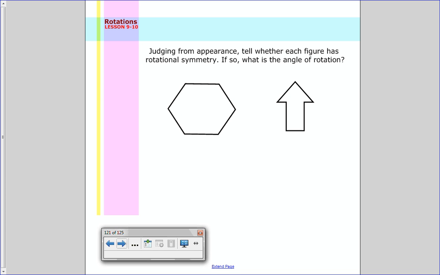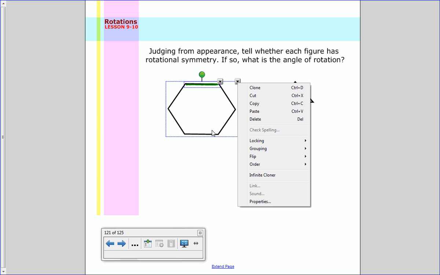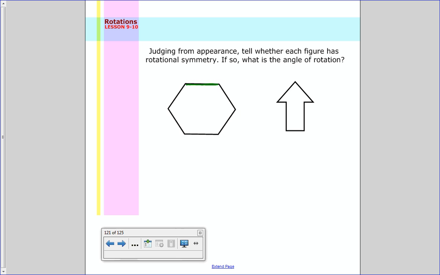So again, I can do the same with this one. Judge if this hexagon has rotational symmetry. And again, one of the things I can do is outline or trace the top of it, so I know. And here I have to group it so I can see it. There we go. So that line will stay there now. So I can flip it now. Well, here, no, that doesn't look the same.